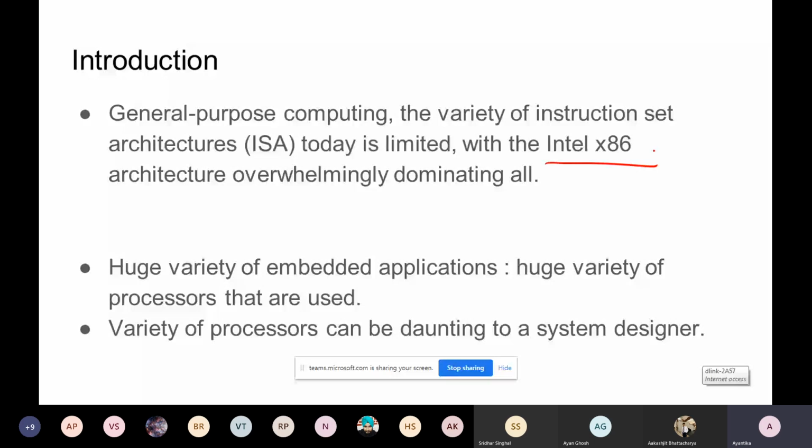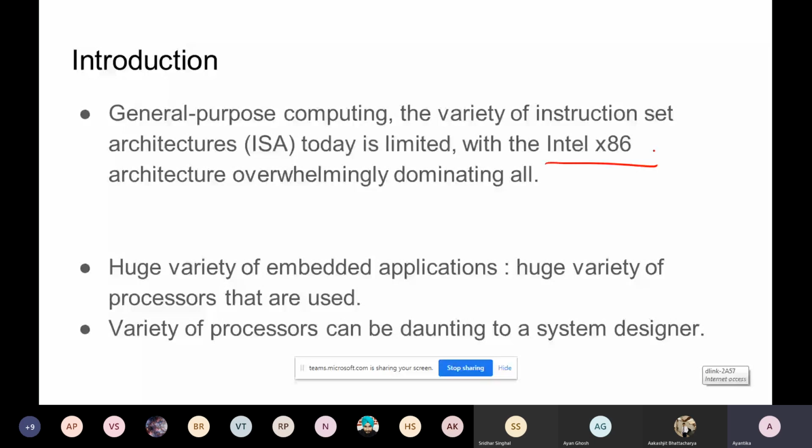But we will see later on. Someone asked, I remember maybe in the first class, why x86 is leading in some scenarios and why ARM is leading in some scenarios. We will see in some cases x86 is also important in embedded design, but we will come to that part.